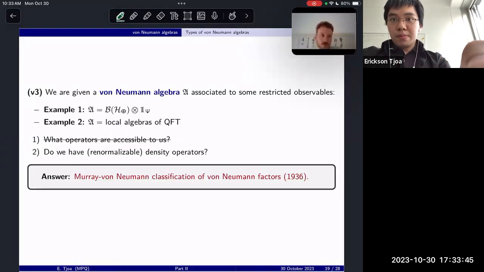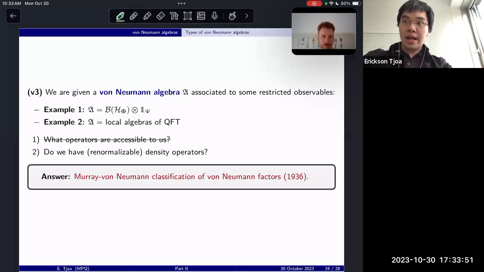Now, if you do the same thing, but now at the most general level, I give you a von Neumann algebra A that is associated to restricted observables. So for example, in the previous one, it would have been just a tensor product of bounded operators on Earth times the identity. But more generally, this could have been just the local algebras of a quantum field theory.